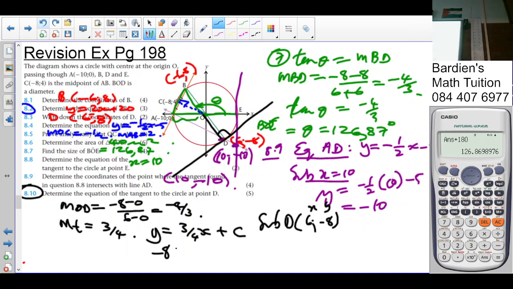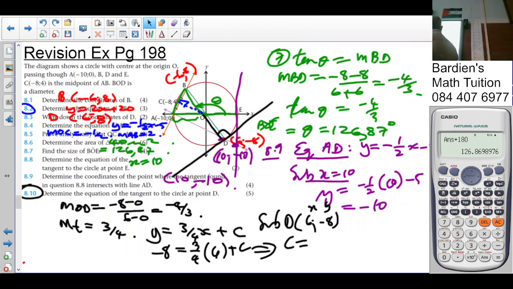So negative 8 is equal to 3 over 4 into 6 plus c, which implies that c is negative 8 minus 3 over 4 times 6, which gives you negative 25 over 2.